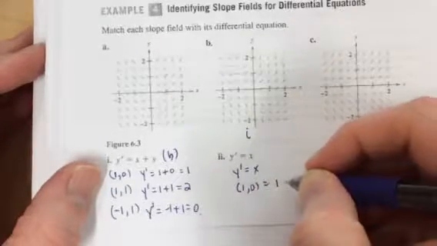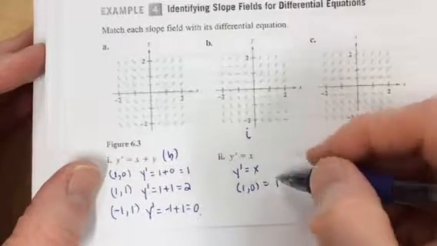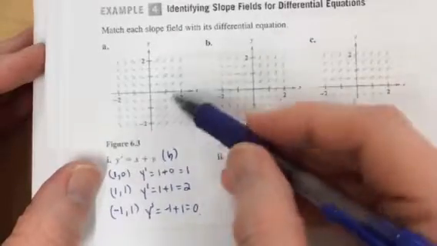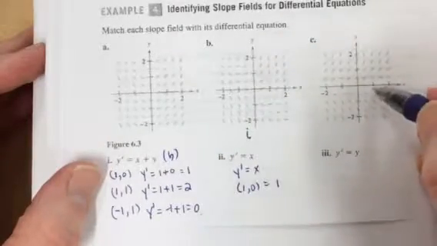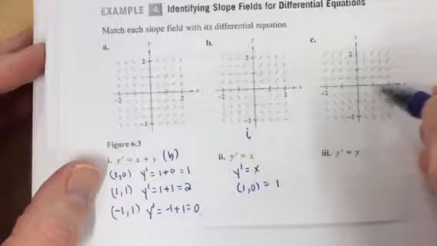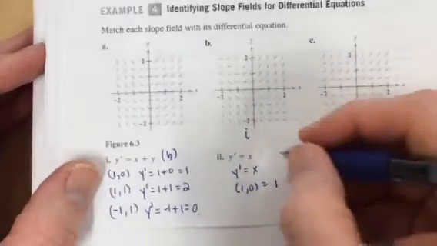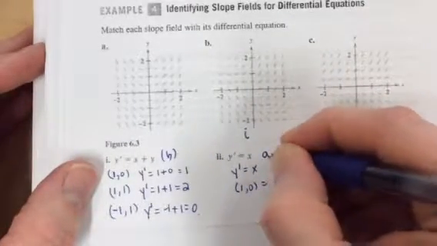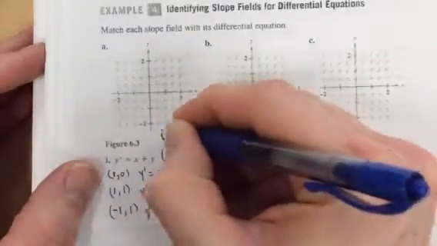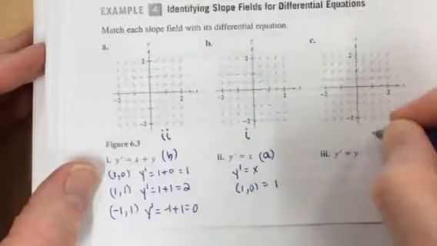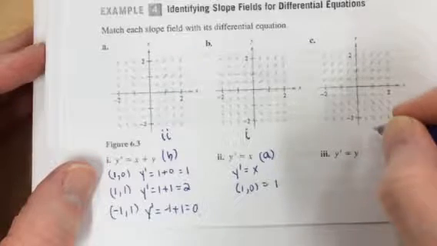Again, y prime is equal to x, so the slope would just be 1 there, up and to the right, so that might be a candidate. This is not a candidate because it's got a horizontal slope right there. So it looks like 2 goes with A, and then by default, 3 goes with C.